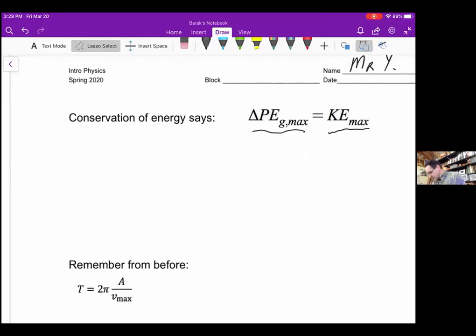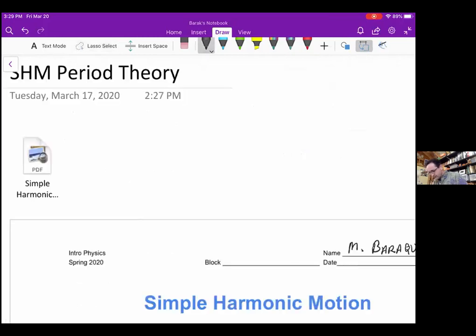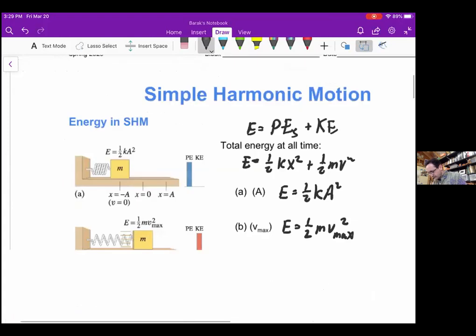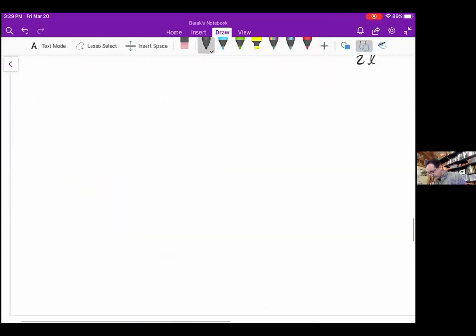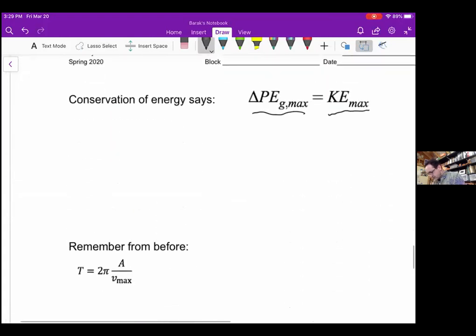So what did we have? We had that delta PEG is equal to mgs squared over 2L.